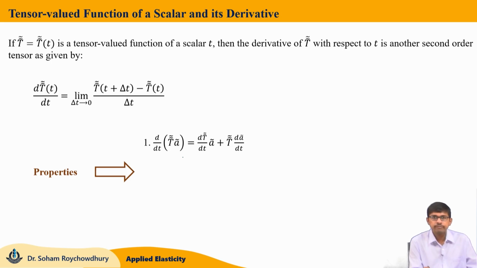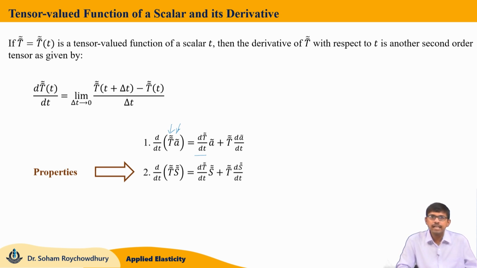First, the derivative will be applied on T keeping a as it is, so dT/dt acting over a, plus the second term, in which we apply the derivative on vector a: tensor T acting over da/dt. This is the first property.